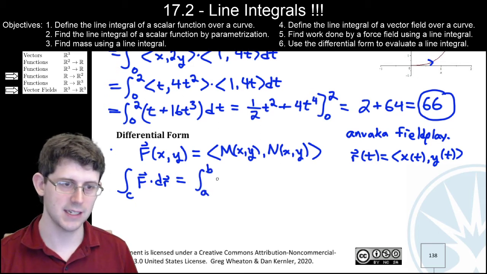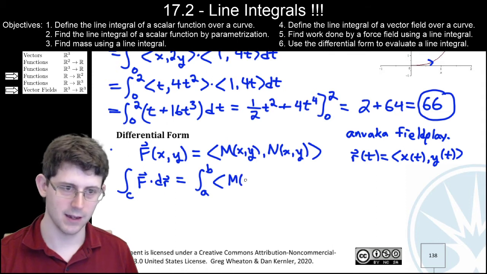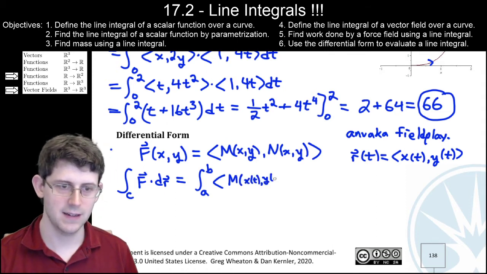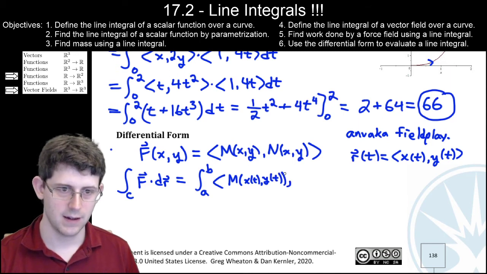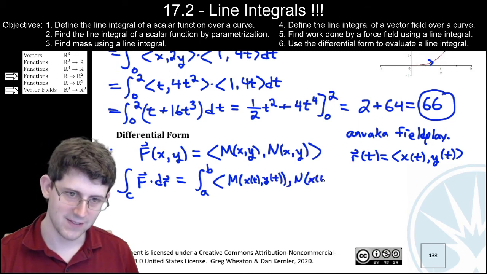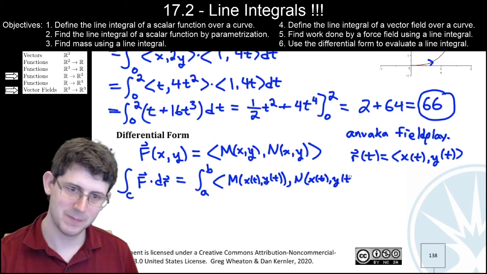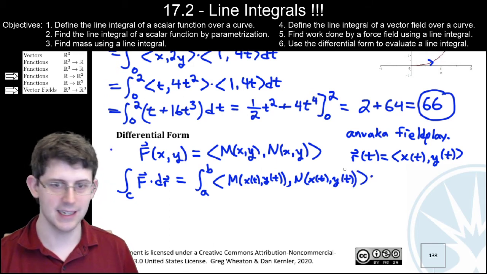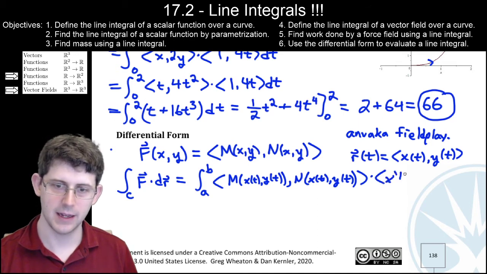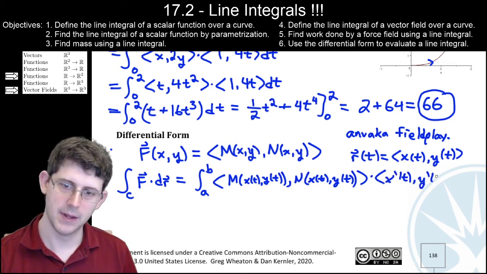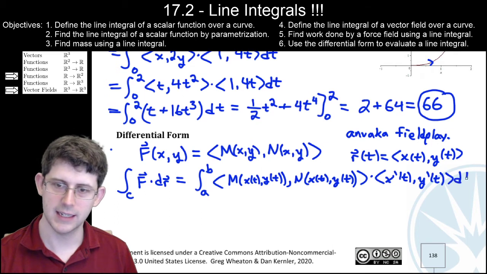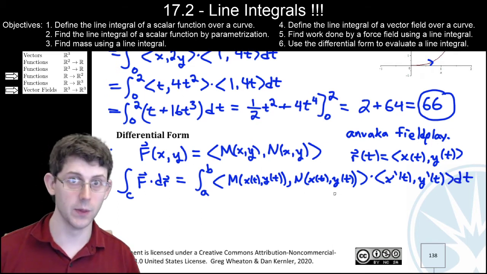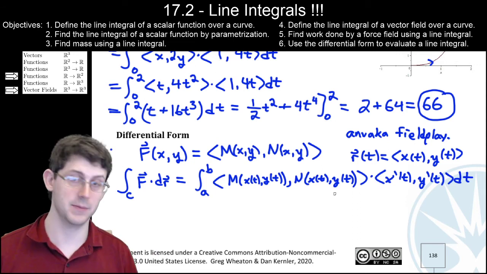The vector field is M of x of t, y of t, N of x of t, y of t. And you're dotting that with dr. So you're going to have x prime, y prime, dt. This is how we did it before: your only way out is to get everything in terms of t.